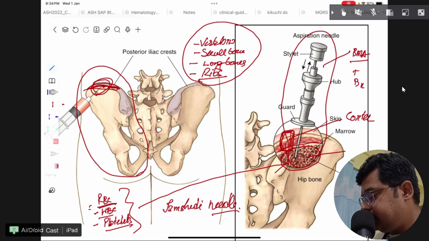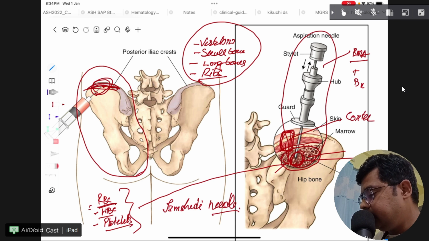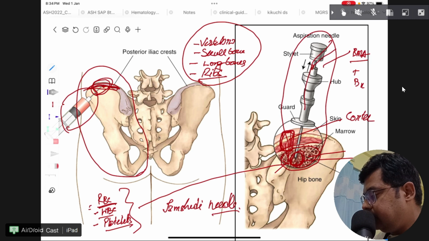Then after piercing the cortex, you will reach the medullary portion or the spongy marrow portion. Then first, with the help of a syringe, you will aspirate the liquid portion of the marrow, that is called bone marrow aspirate.